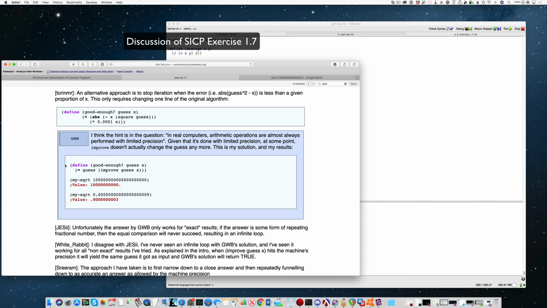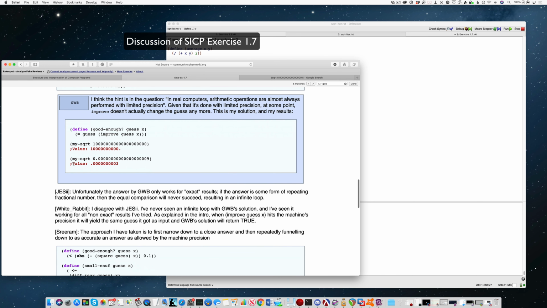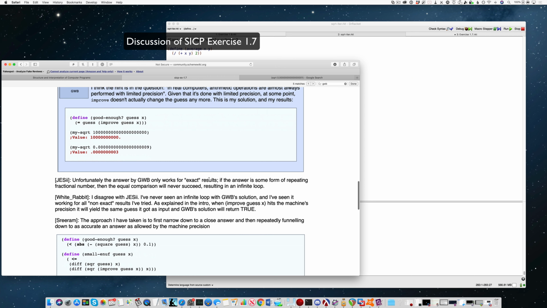My only concern would be that it would take a while. So that's an issue. And then he gets some criticism. This guy says if the answer is in the form of some repeating fractional number, the equal comparison will never succeed.